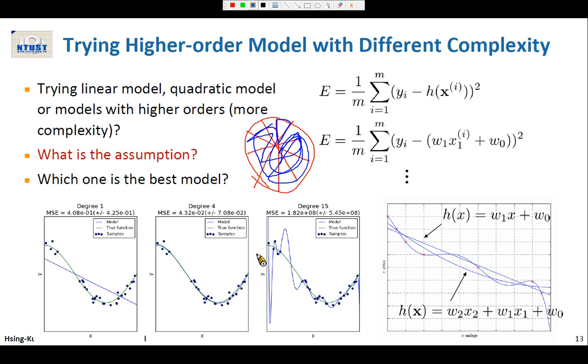So cross-validation in this case, any problems?